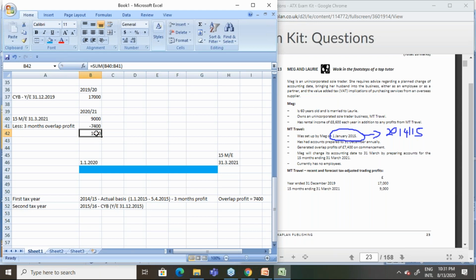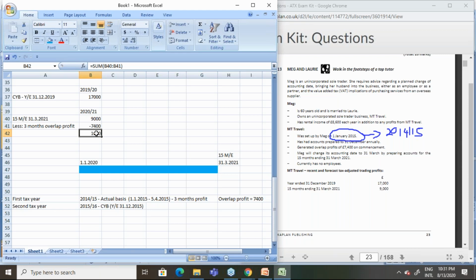and the assessable profit would be 1,600. So what you should do is, as I mentioned during my presentation, it is extremely important for you guys to familiarize yourself with basis of assessment rules under opening year rules, closing year rules, ongoing business, and changing the accounting date.